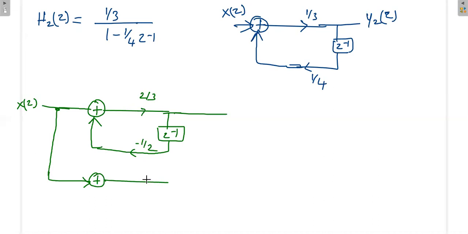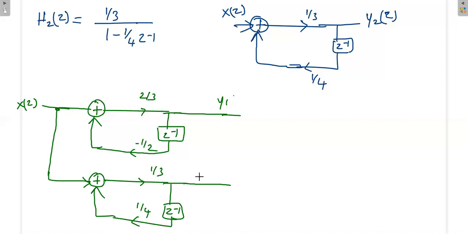In this one, that is 1 by 3. This is y1 of z. This is y2 of z. Then combine together, that will get y of z.